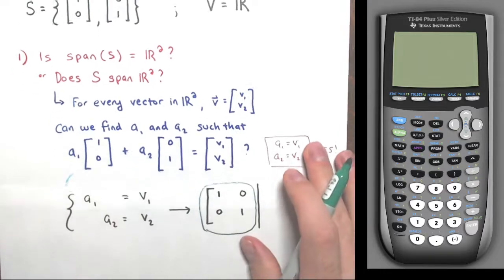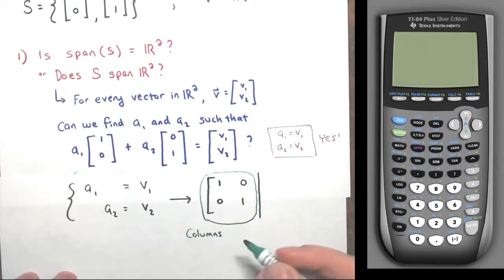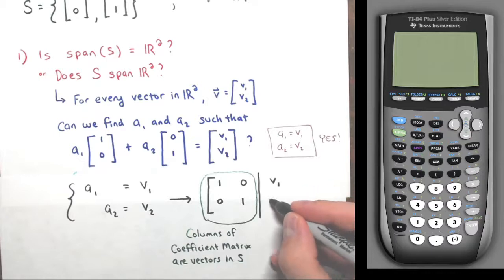And notice that the columns of the coefficient matrix are just the vectors in S. And then on the other side, I have this vector from R2, V1, V2.